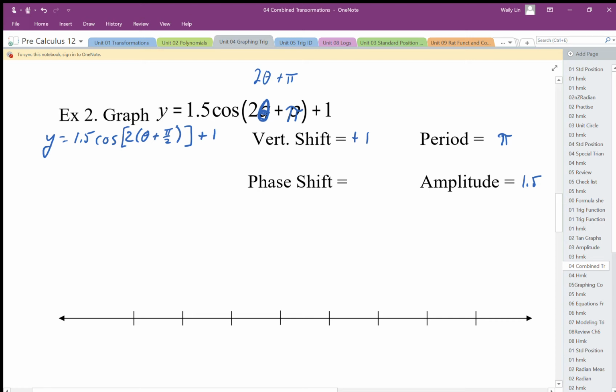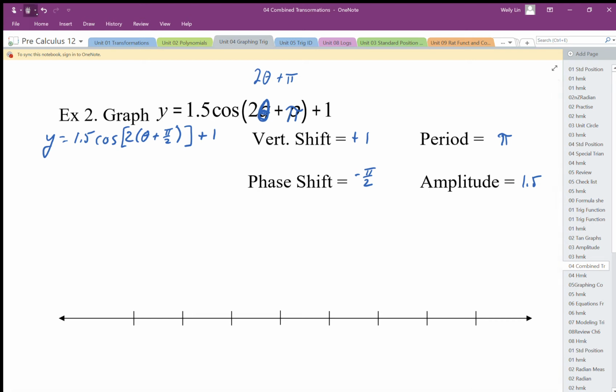So this is much more convenient, to be able to look at the factored form and get the period and the phase shift from this. So now once it's factored, I can establish the phase shift is negative pi over 2. Okay, so there it is. This is a much easier way to establish that phase shift. And the key is we need factored form.